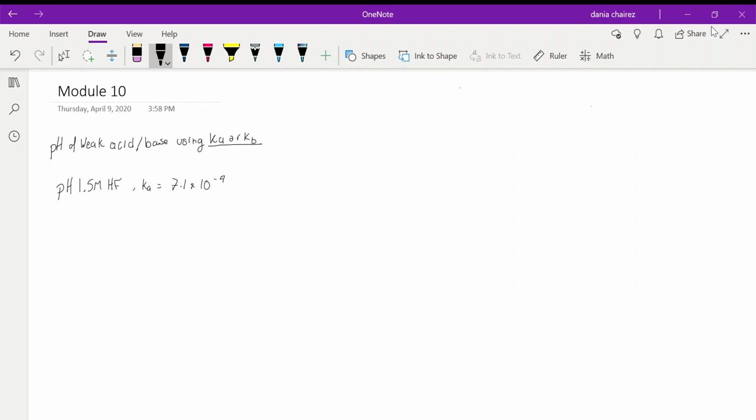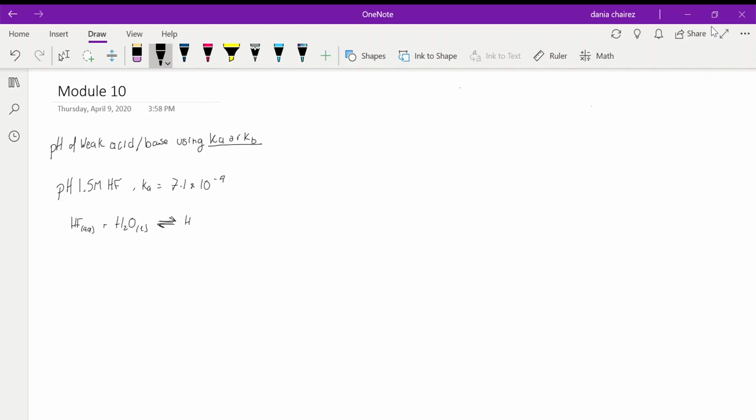So, we're going to set up our equation, which is hydrofluoric acid aqueous plus water liquid. In this case, we do have the double arrows because it's a weak acid, so it can go back and forth.